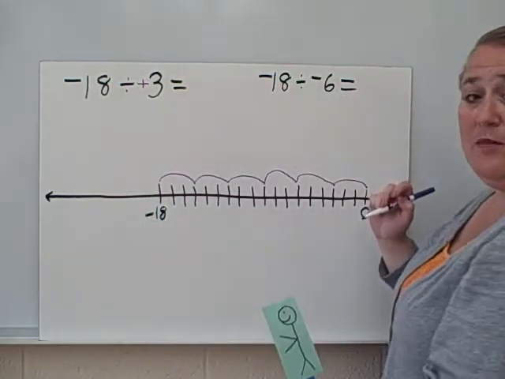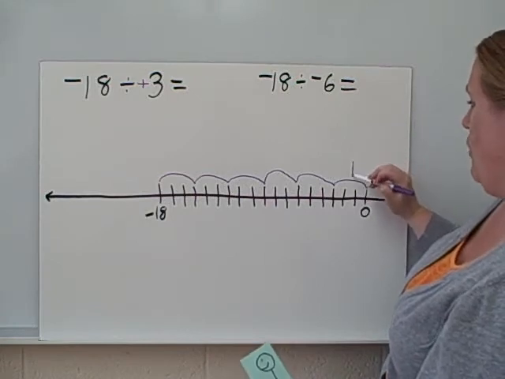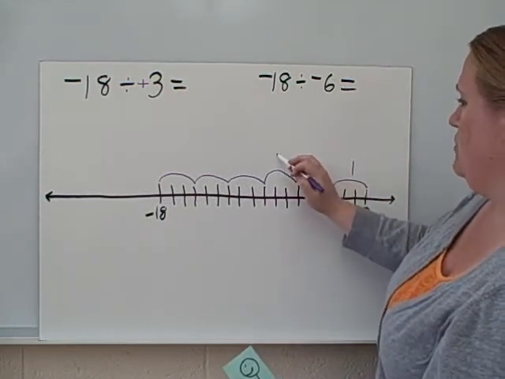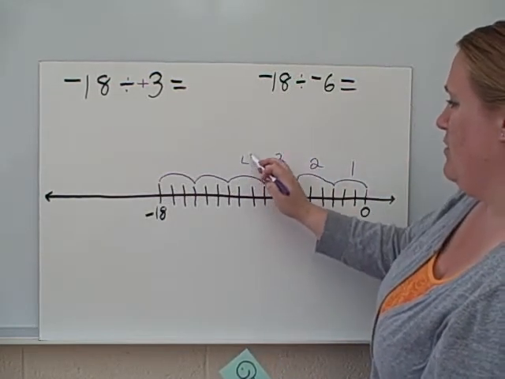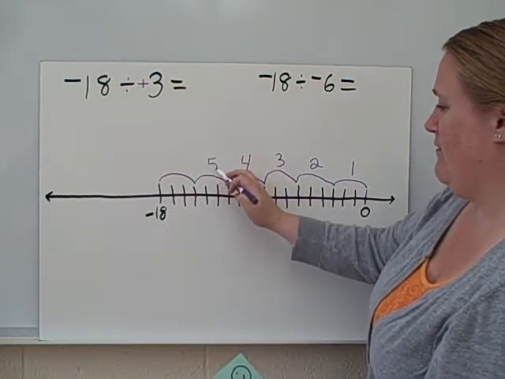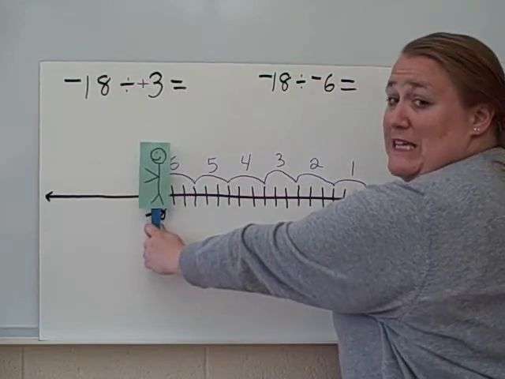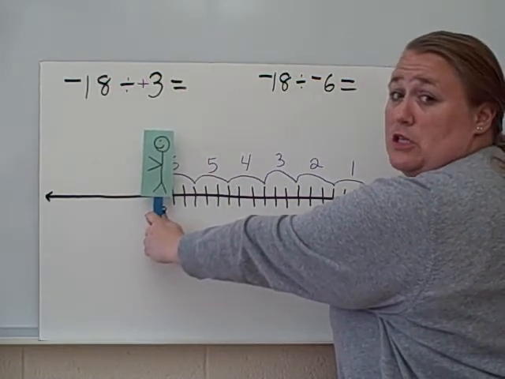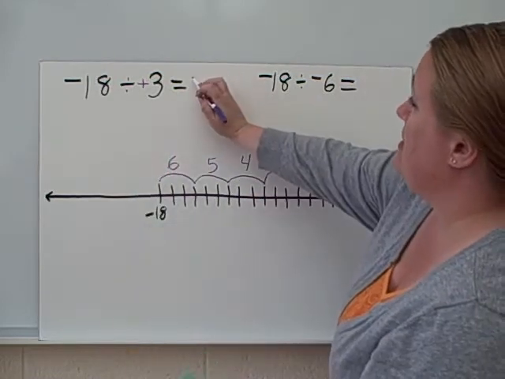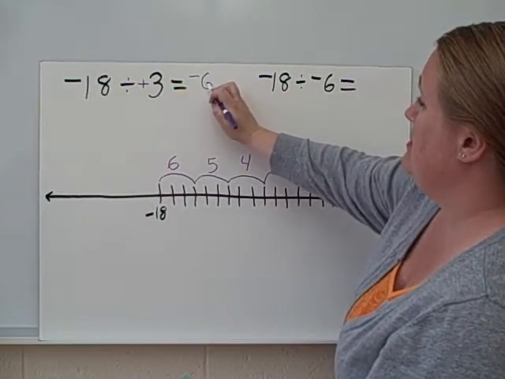Now let's see how many steps that was. 1, 2, 3, 4, 5, 6 steps. And I'm facing the negative direction. So my answer is negative 6.